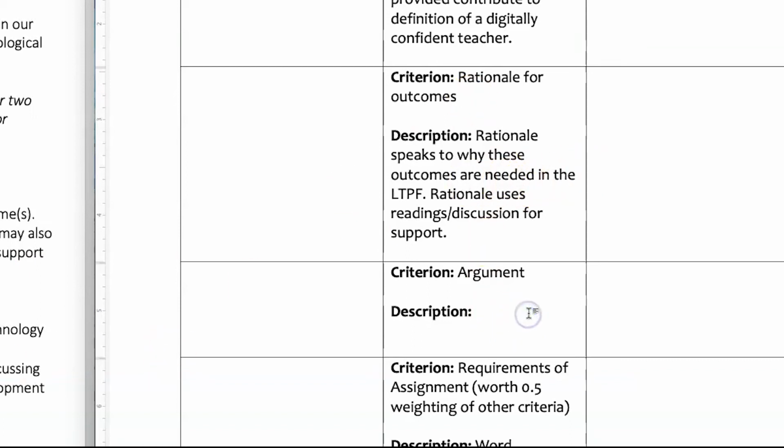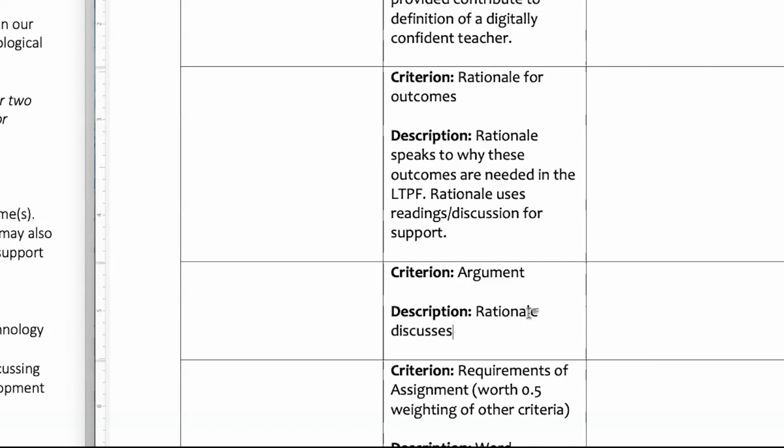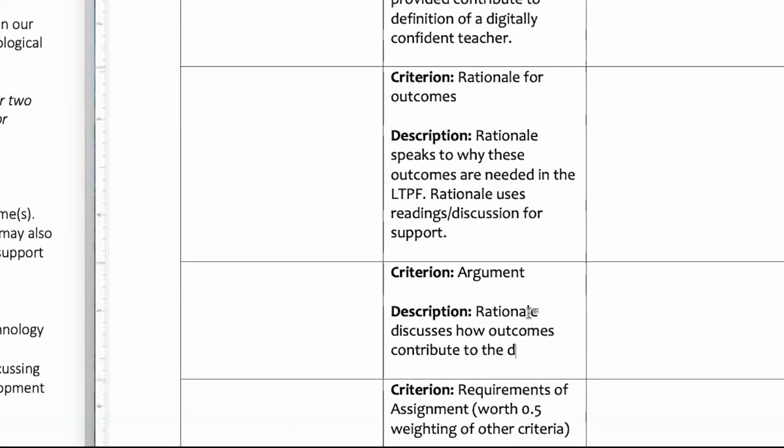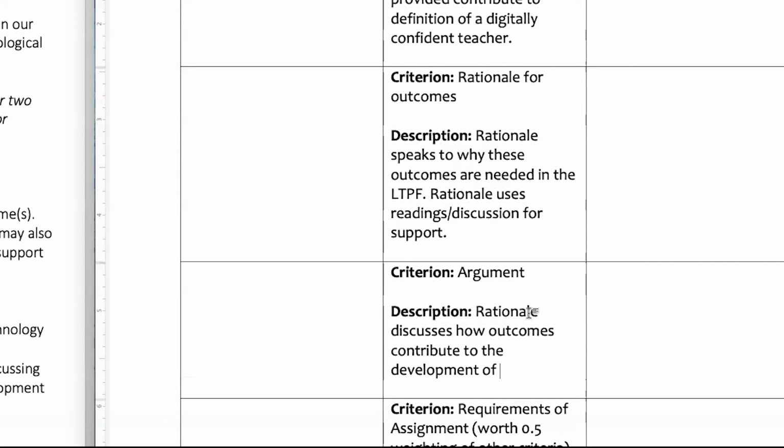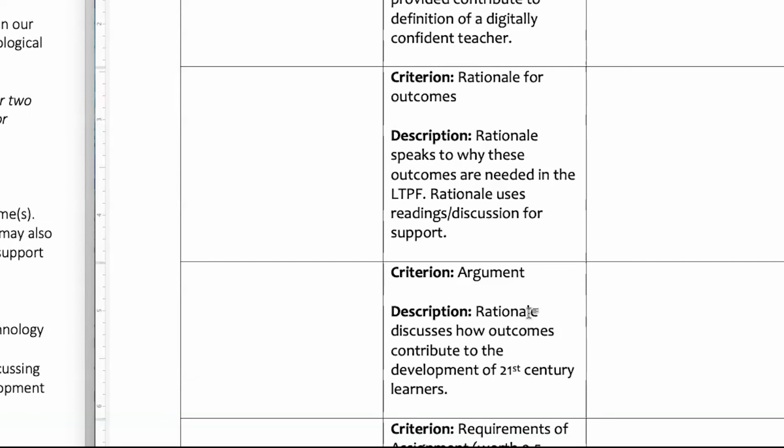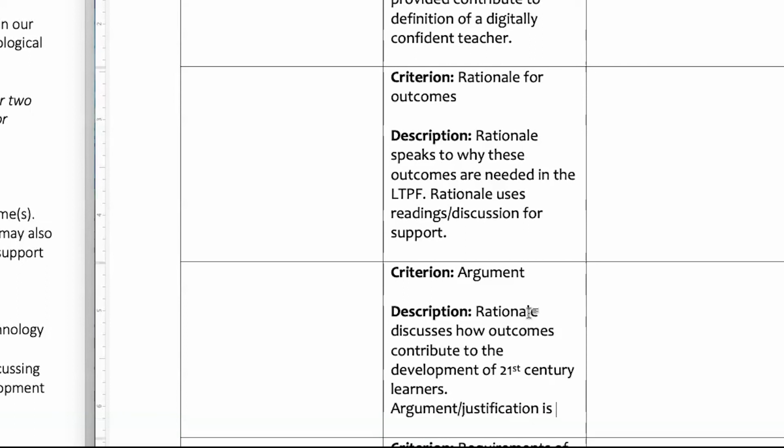So here, a phrasing I might choose is: rationale discusses how outcomes contribute to the development of 21st century learners. And I'm also looking that the students' argument and justification is sound and, for lack of a better word, rational.